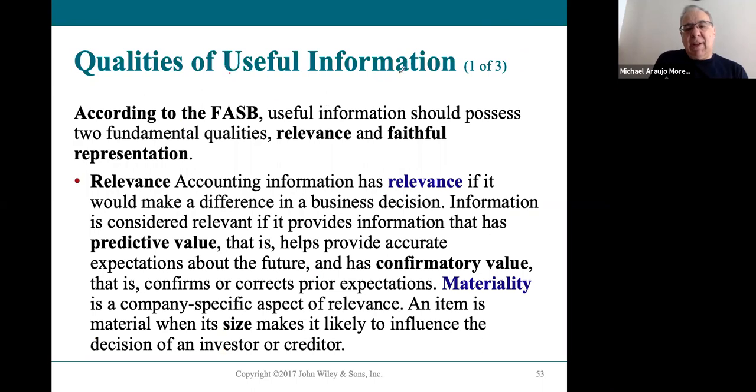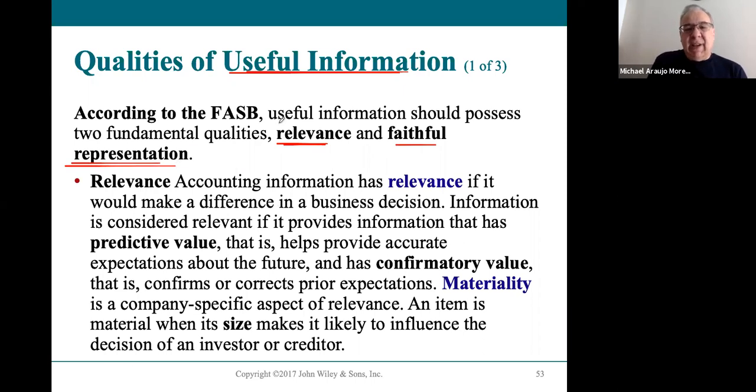Because accounting is dealing with information, we have to make sure that the information is relevant, right? Meaning it makes a difference in the decisions of a business. And it is represented faithfully, which means it's accurately presented.